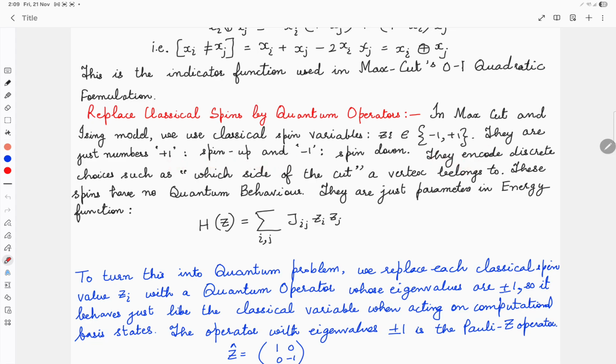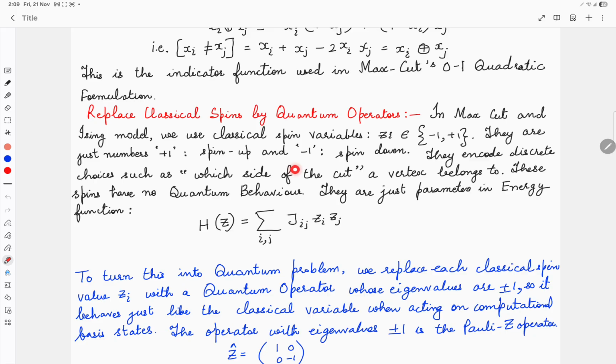So how will we encode these numbers, or these spin variables, into quantum variables? They encode discrete choices such as which side of the cut a vertex belongs to. By saying +1 or -1, we are saying which side of the cut this vertex belongs to. So these spins have no quantum behavior.